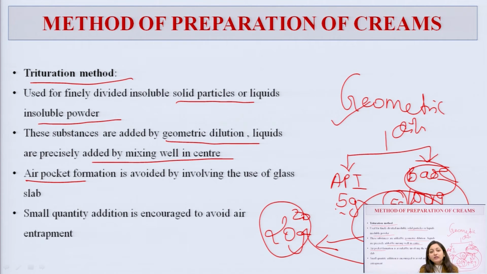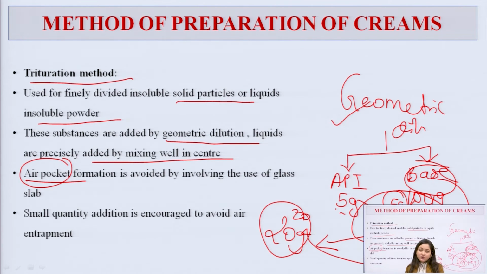As a result, while mixing, even by geometric dilution, it is necessary for us to remove this air pocket. If air pockets are not removed, there is a chance that our product might get oxidized, and thus due to oxidation our product has a high chance of getting contaminated and everything is going to go in vain. So, we have to be cautious of the presence of air pocket.